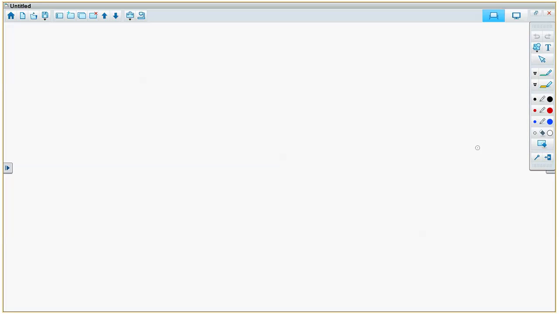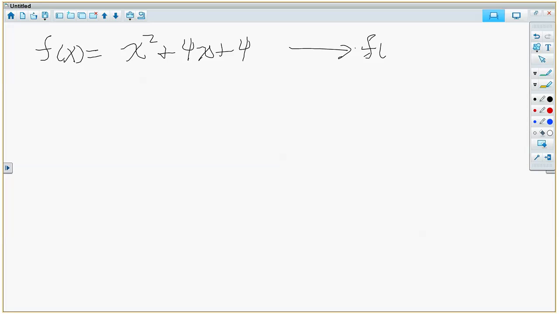What does completing the square do? It takes a quadratic, f of x is equal to x squared plus 4x plus 4, and it turns it into f of x is equal to a times x plus h, quantity squared, plus k.